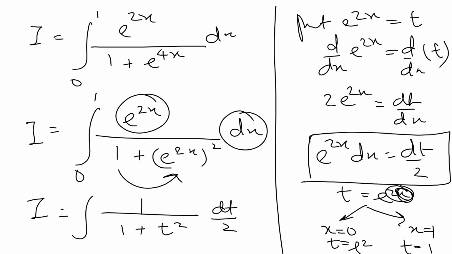So t is equal to e raised to 2x. Now you put x as 0, so e raised to 0 is 1, and put x as 1, so t will be e square. So 1 to e square.